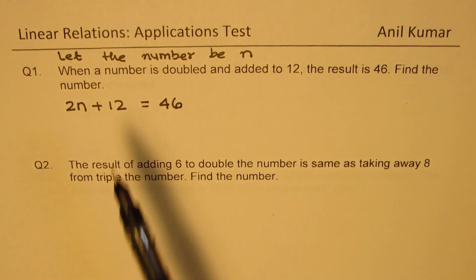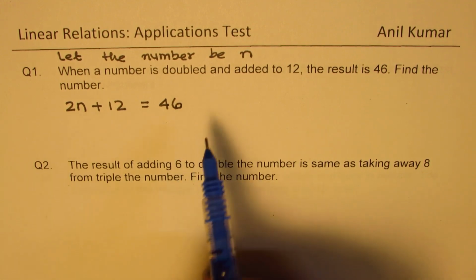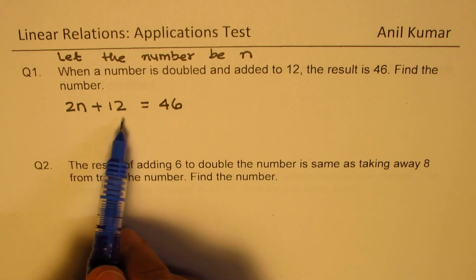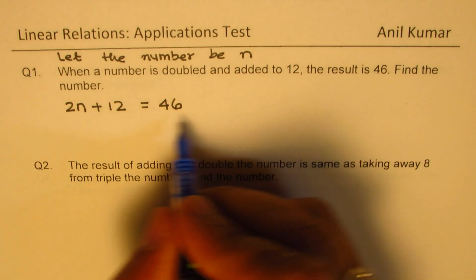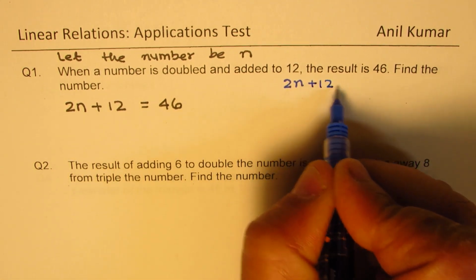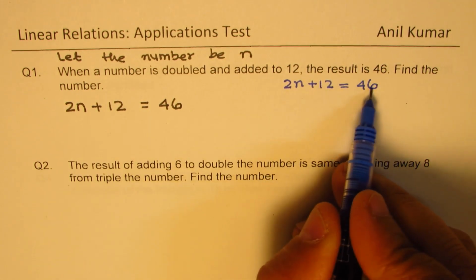I'll write all these equations in black ink and solve them using the other color, blue. Find the number. Now when we have to find the number, we have to isolate n, right? Let's begin with the equation 2n plus 12 equals 46. We'll take away 12 from both sides.